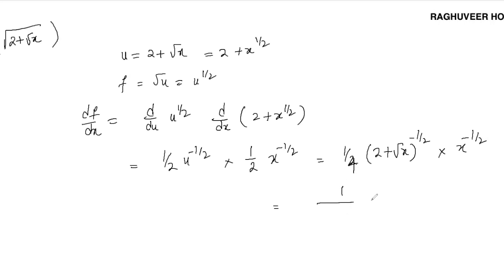We can write this as 1 by 4, and it comes under the same root, so root of x into 2 plus root x. So this will be the final answer.